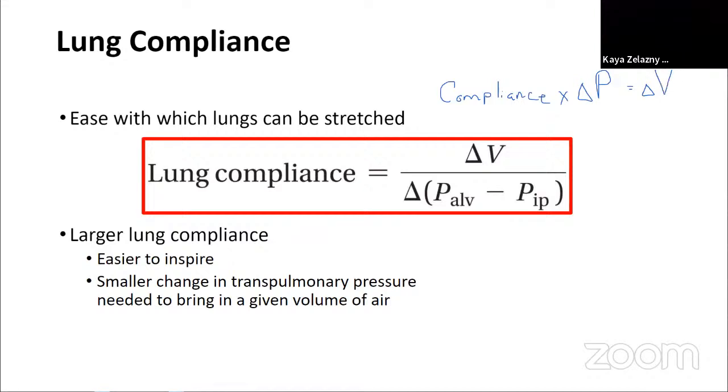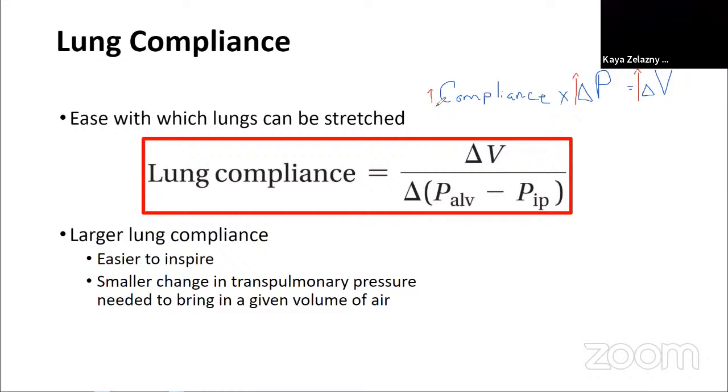So what this is saying is that if we have a small compliance, we need a relatively large difference in pressure to create a large change in volume.